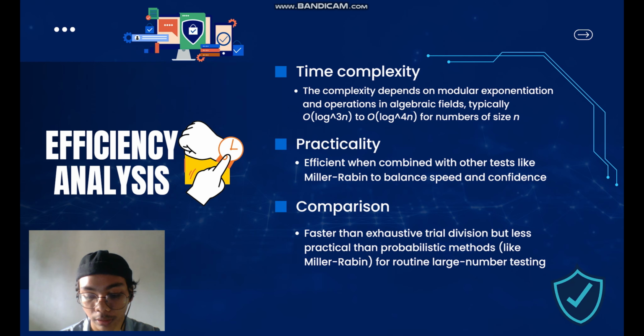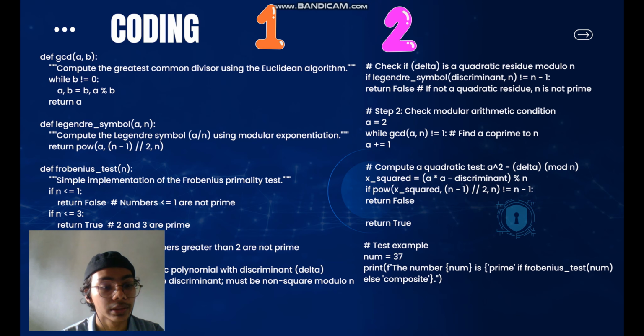Next, we can go to the coding. Okay. This slide shows a Python implementation of the Frobenius primality test, supported by functions for number theory operations like GCD and the Legendre symbol.